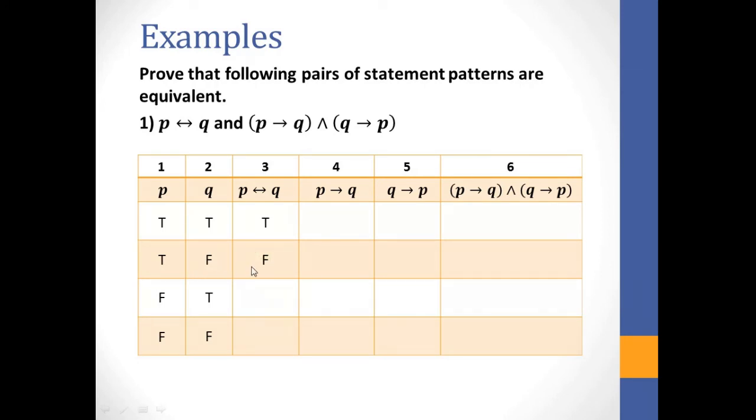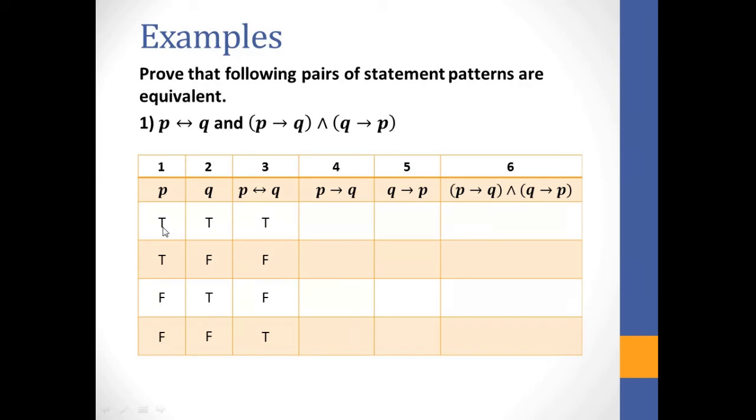So T double implies F is false, F double implies T is also false, and F double implies F is true, that is T here. In case of double implication, when both the values are the same, it is true. See this column carefully, T, F, F, T. Now column number 4, P implies Q.